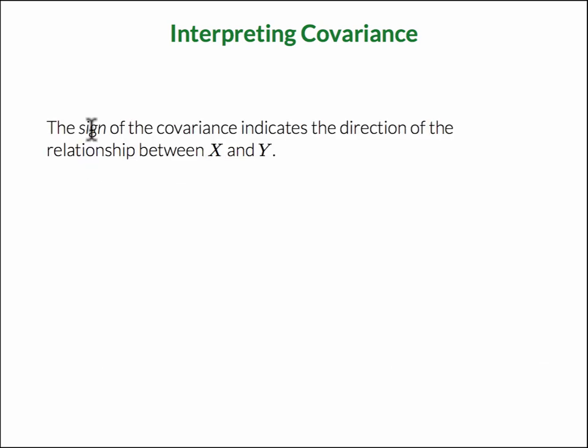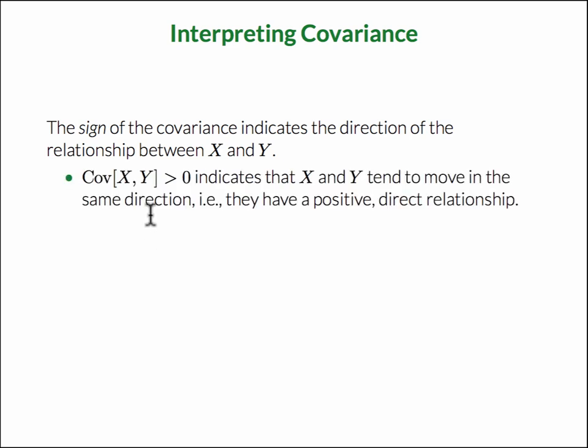To summarize, the sign of the covariance indicates the direction of the relationship between the two random variables. A positive covariance indicates that X and Y tend to move together in the same direction. Some people would say that they have a positive or direct relationship.